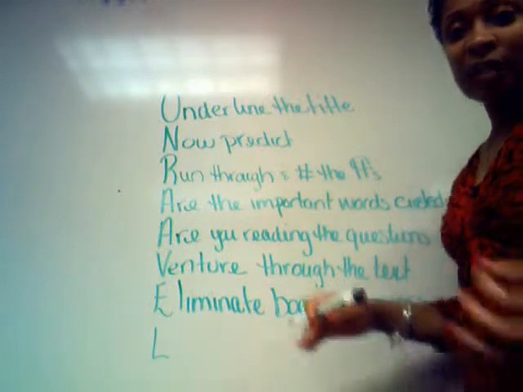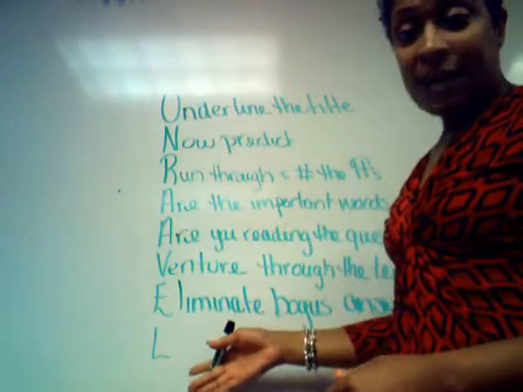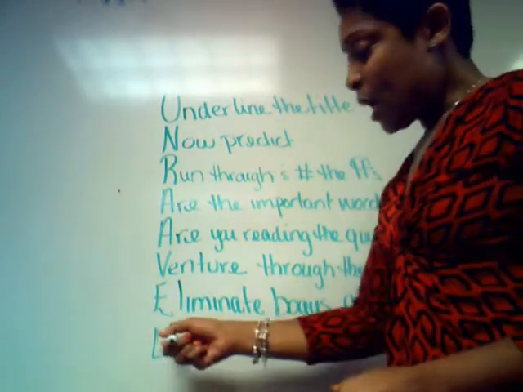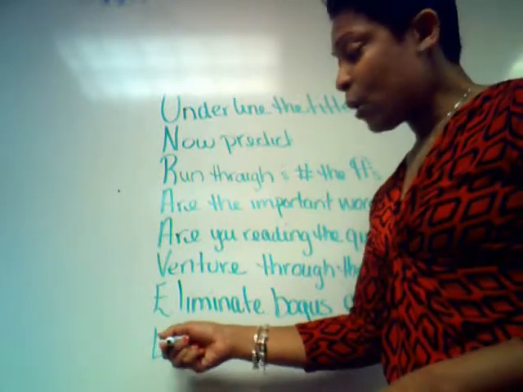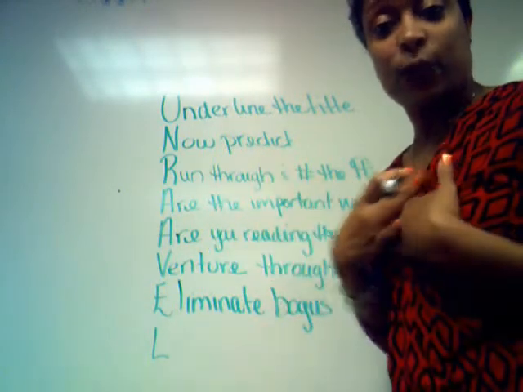And now we've reached our last and final step of Unravel. Once we have eliminated the bogus answers, from the answers that remain, we are going to let the text answer the questions for us.